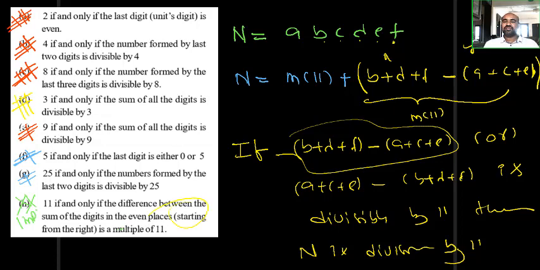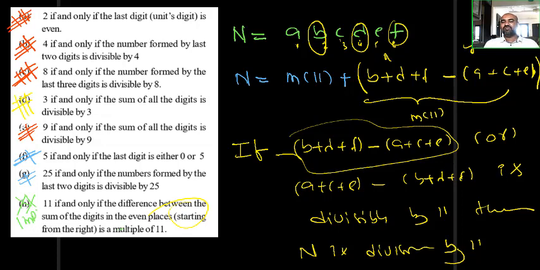So first place, second place, third place, fourth place, fifth place, sixth place. The sum of the even place digits minus the sum of the odd place digits, the difference being divisible by 11, means the total number is divisible by 11. That is the property that you prove now here.